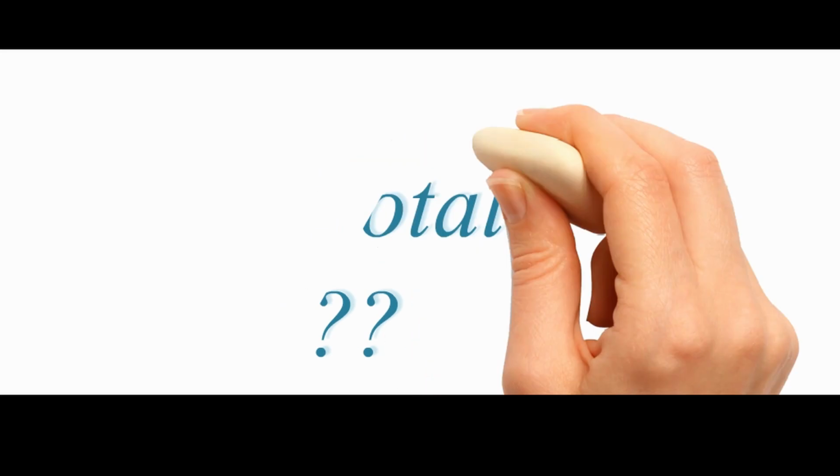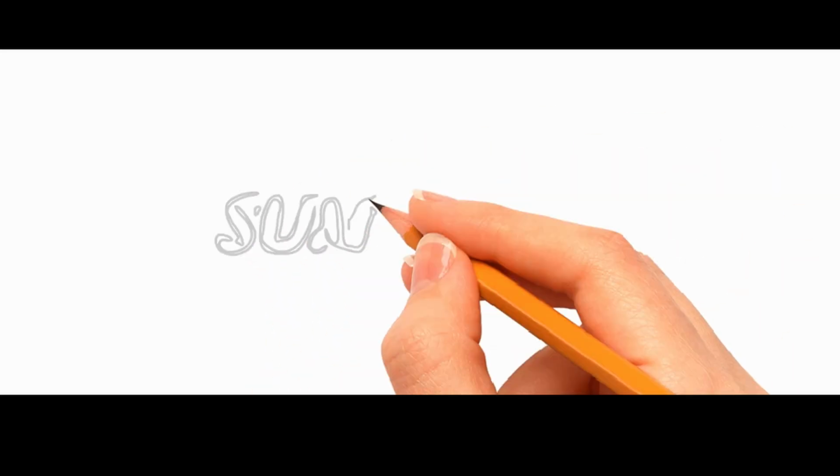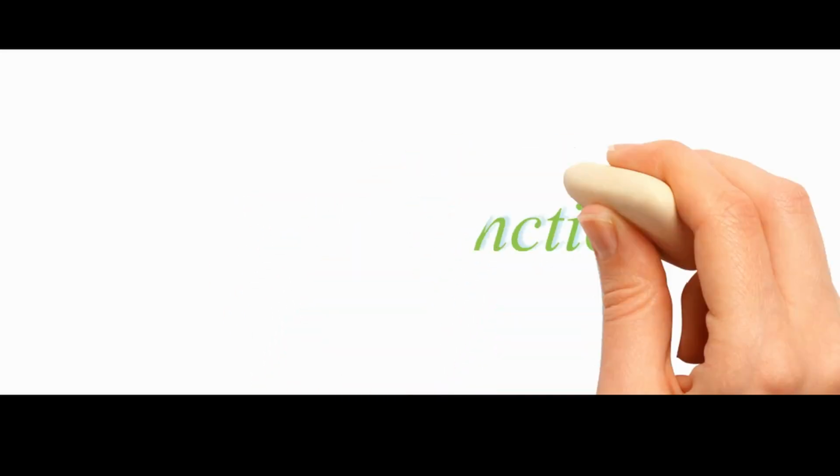Now you people tell me, for total which function will we use? You are telling sum function. Is it correct? Yes, very nice. Sum function we will use for calculating total. Now let us understand its structure one more time. In the cell, what are you going to put first?